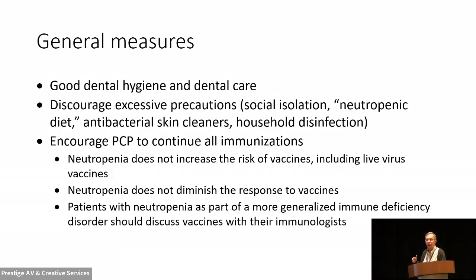The neutropenic diet is useless. Whatever you read on the internet about the neutropenic diet is nonsense. There have been multiple studies showing that it doesn't make a difference in terms of risk of infection. And in fact, in many instances, the neutropenic diet is less nutritious than a food safety diet.